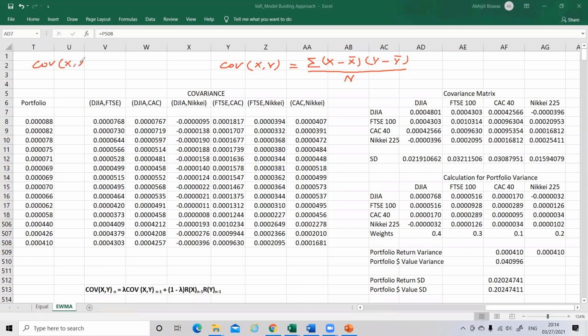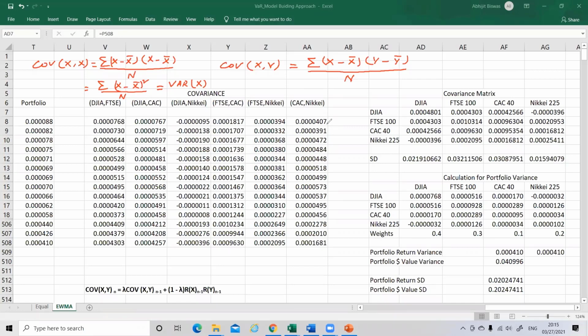If you want to calculate covariance between X and X, what should this formula look like? It should be summation of X minus X bar into again X minus X bar, whole divided by N. This is basically nothing but summation of X minus X bar whole square divided by N. This is basically the formula for variance of X. Do you recall from basic statistics class?